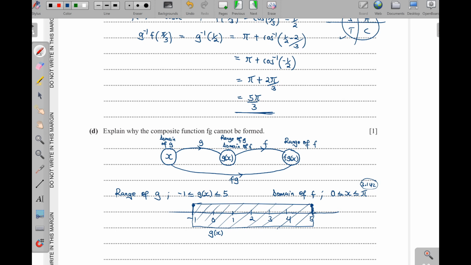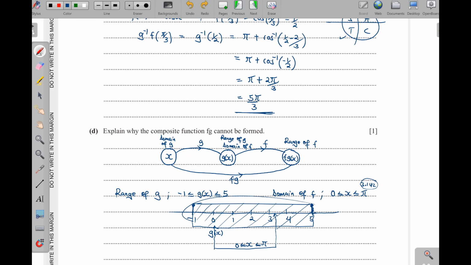But then for f of x, the domain, the x values that are supposed to go in f, are from 0 to 3.142, let's say around there. You see that? This is 0 less than x less than pi. Now, you can simply see that this range of g does not fit into this domain.